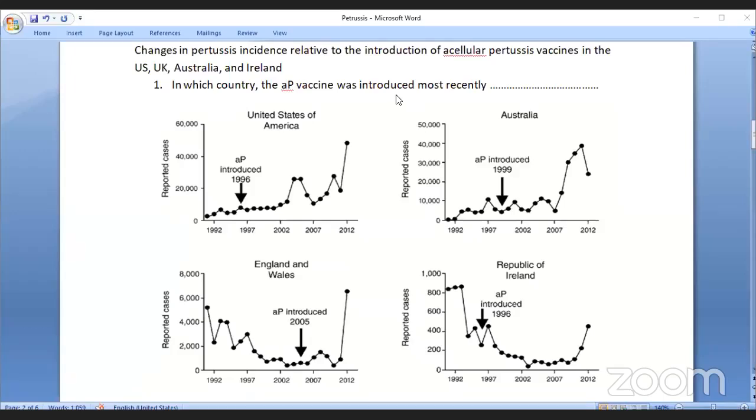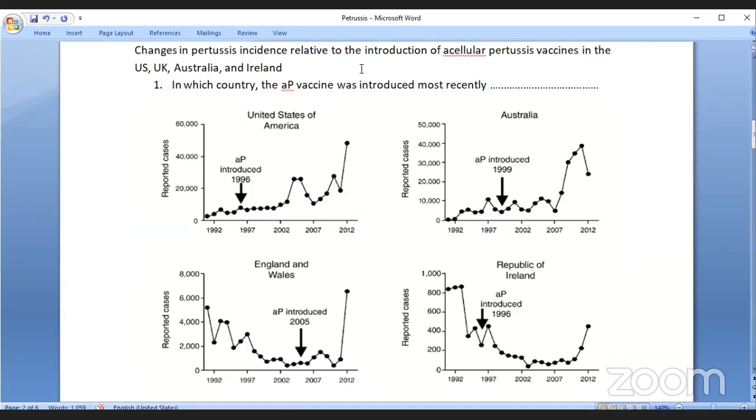If we see Australia, that is 1999. In England and Wales, it is 2005. It means recently, that's 2005. No, I'm asking those who have answered Australia, why is their answer Australia?